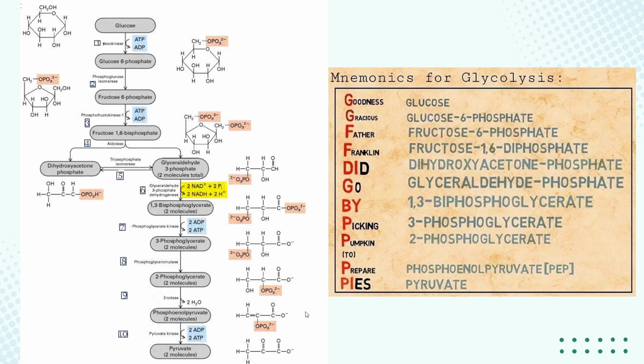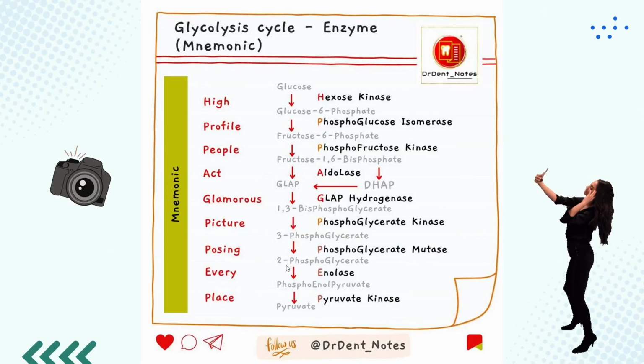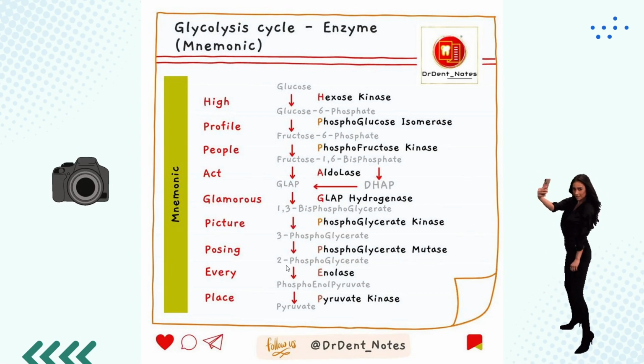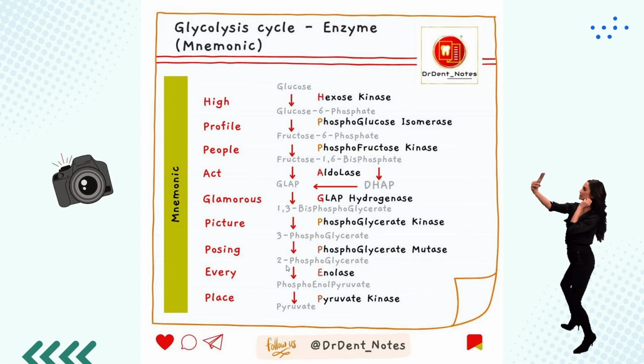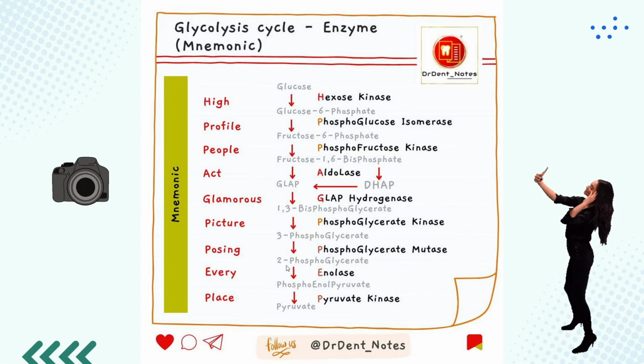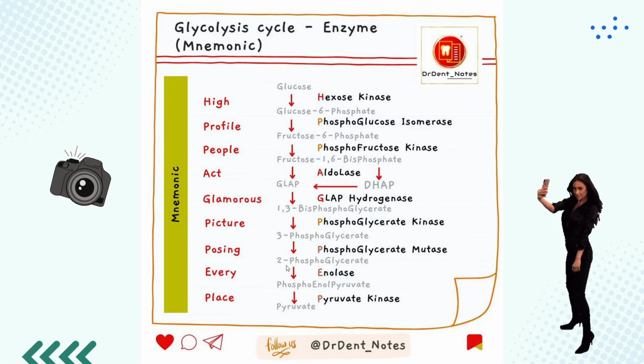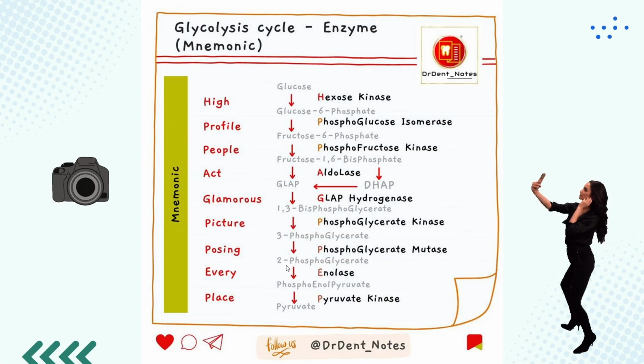This mnemonic is for your substrates: Goodness gracious, Father Franklin did go by picking pumpkin to prepare pies. The first letters of each of these words refer to your substrates. We also have a mnemonic for your enzymes: High-profile people act glamorous, picture posing every place. So that depends on you whether to make use of the mnemonics. Basta, again, the challenge here is to really memorize your pathway.